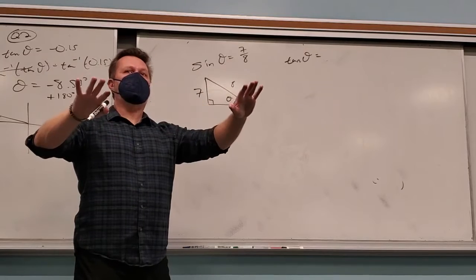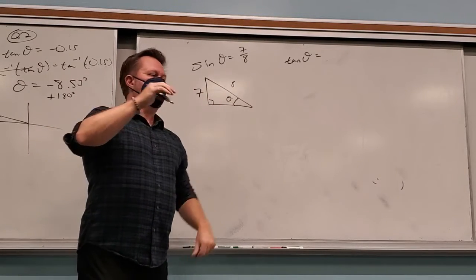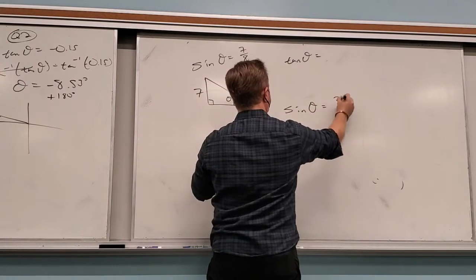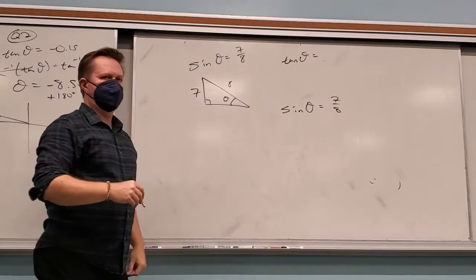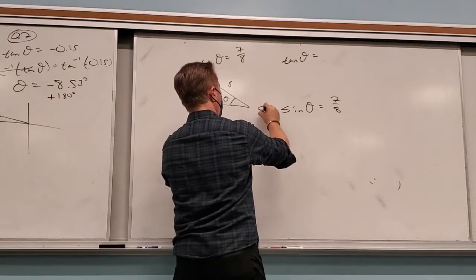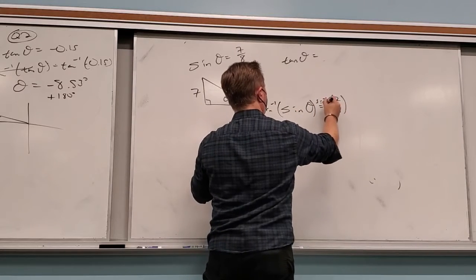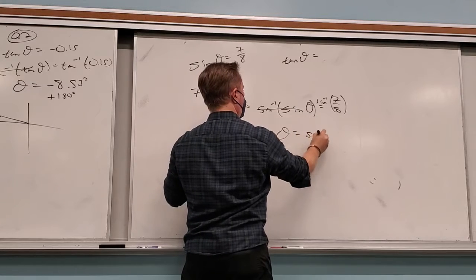This whole problem is now going to be given to me in a different way. Let's build what we're going to see. So if I see this, how would I solve for the angle? Inverse sine. So it would be theta equals inverse sine.